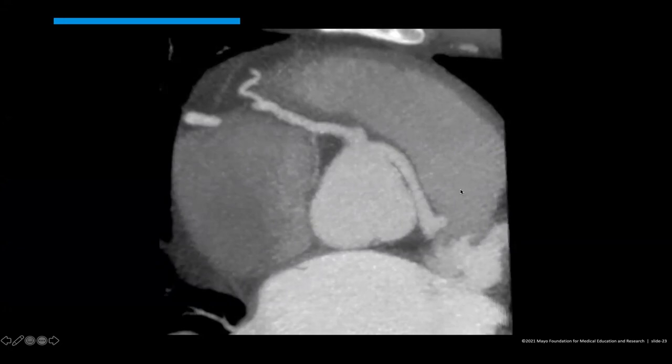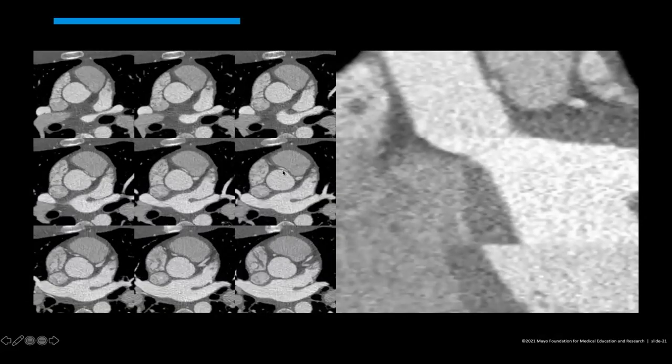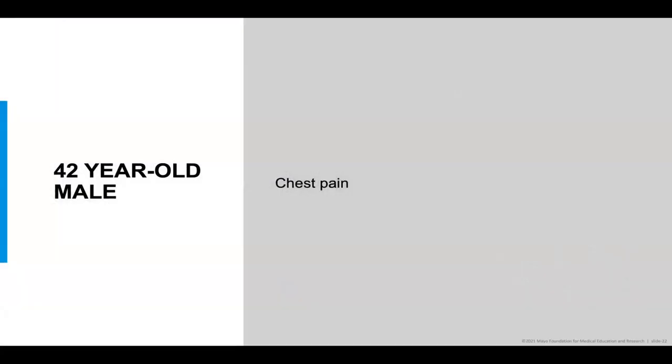You're going to see that best on a sagittal reformat. It has to do with how close it is to the aortic root. In this case and the previous case, the anomalous coronary artery was going along the sinuses of Valsalva, along the aortic root. Those would be an interarterial course, whereas if it dove down below the aortic root, down by the annulus or even lower, that would be more of a subpulmonic course.